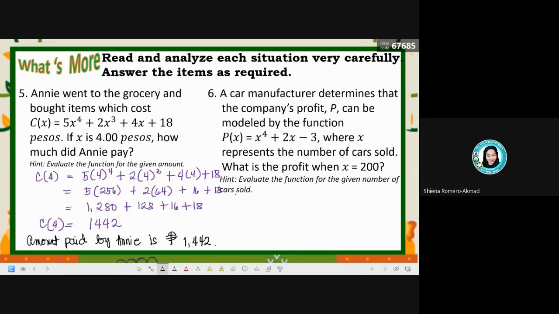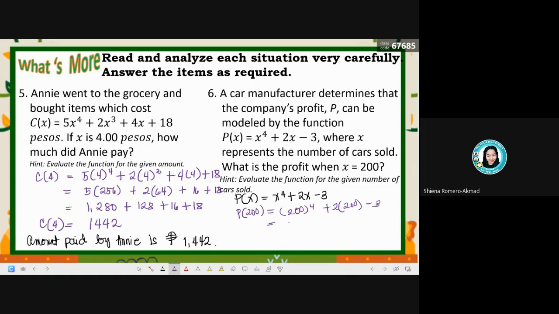So you have here P of x plus 2x minus 3. Substitute lang natin si 200. So that's P of 200 equals 200 raised to 4 plus 2 times 200 minus 3.